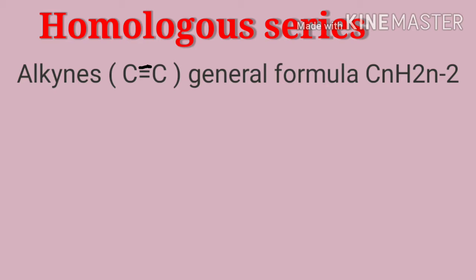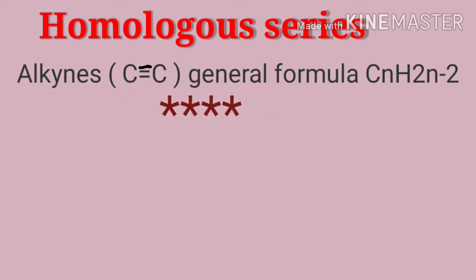Our next homologous series is that of alkynes with general formula CnH2n-2. Since alkynes have triple bond between carbon atoms, so first member will be with n is equals to 2. Since with one carbon atom triple bond cannot be formed.